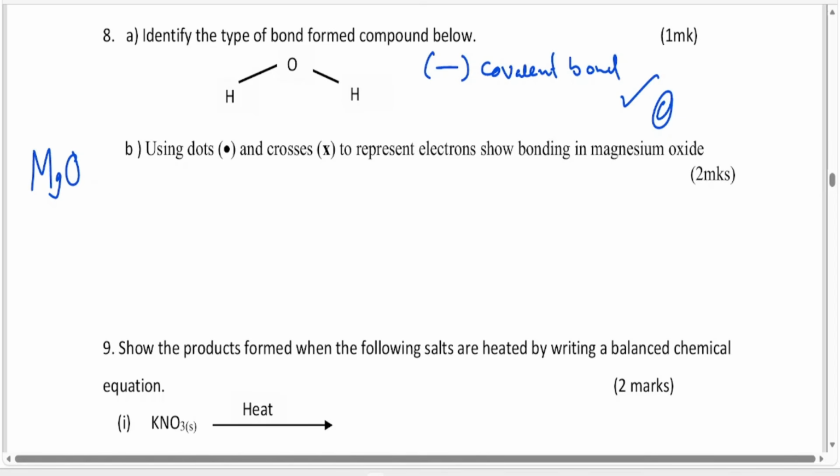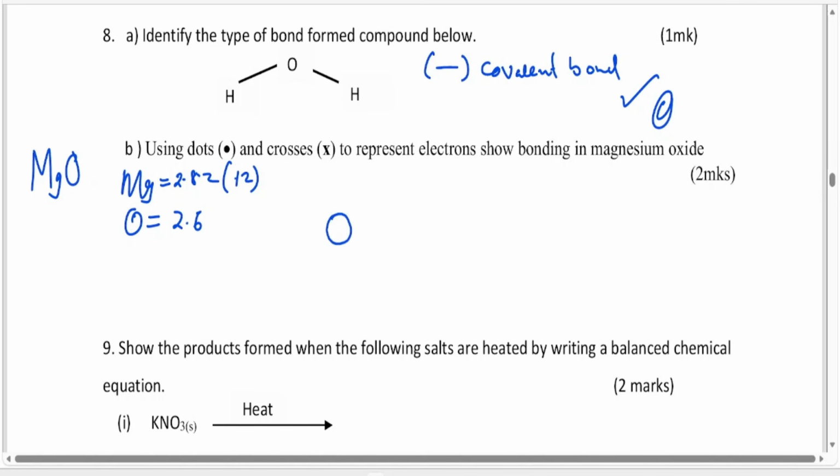Without wasting much time, we know magnesium reacts by losing 2 electrons, and oxygen, number 8, reacts by gaining 2 electrons. Magnesium loses 2, oxygen gains the 2. Therefore, using crosses and dots, we can represent this.